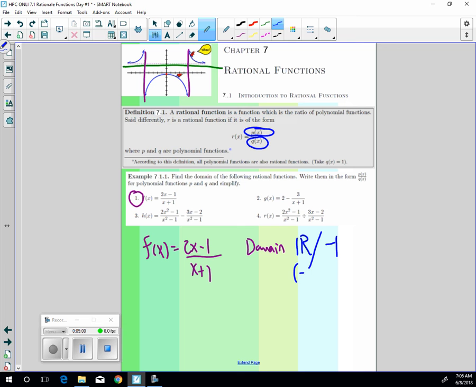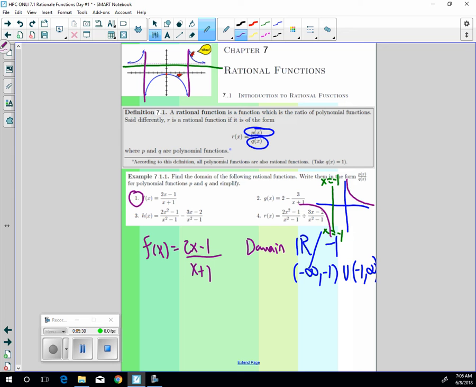Some people will write it as negative infinity to negative 1 union negative 1 to infinity. That's fine too. What that would look like is some kind of a graph with x equal to negative 1 as a vertical line that the curve doesn't get to. And I would guess that this one might look something like this.